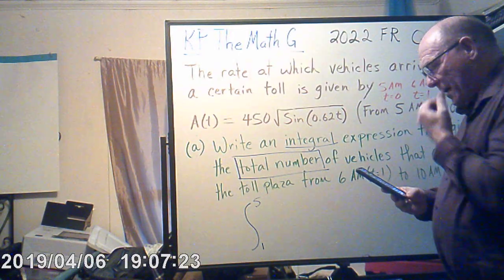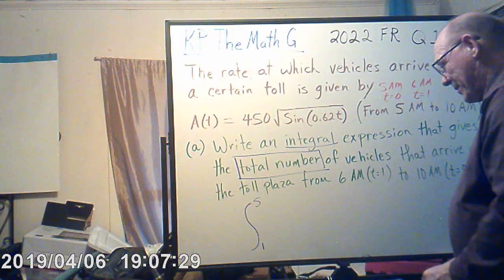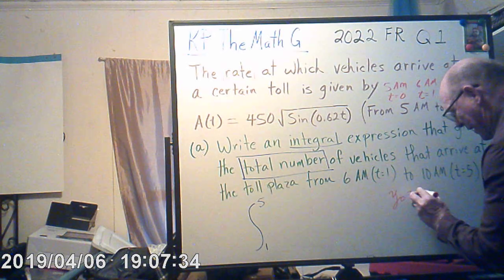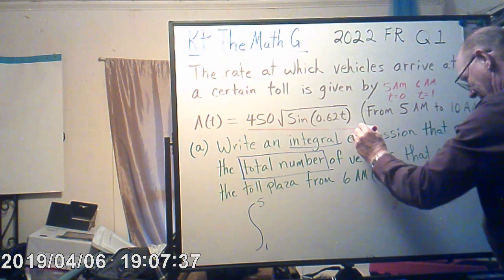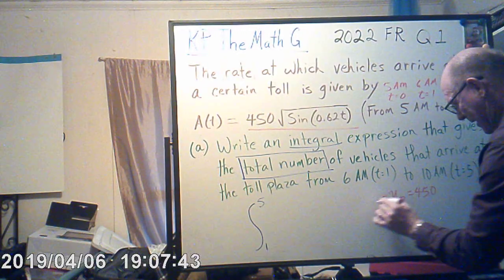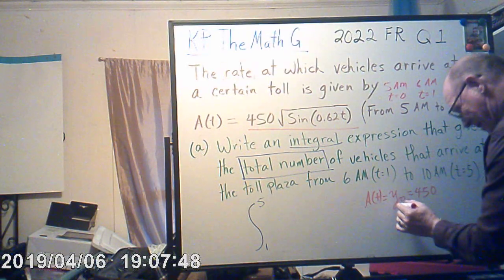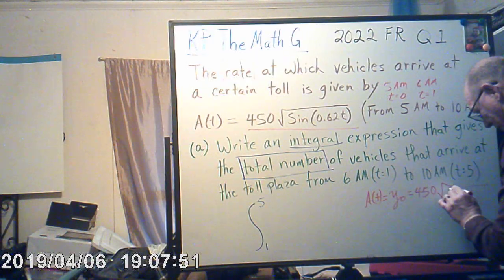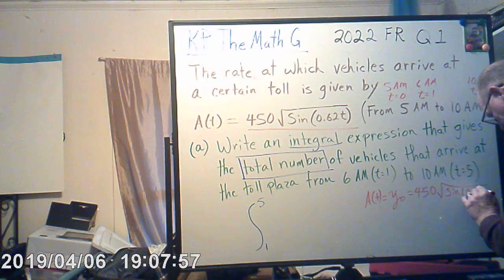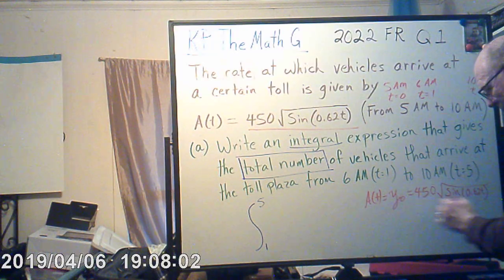If you're going to do that, you need to show somewhere on the paper that y sub 0 equals all of this: your 450, and if you want to say A of t is equal to y at 0, then the square root of sine of 0.62t, and have that in there.